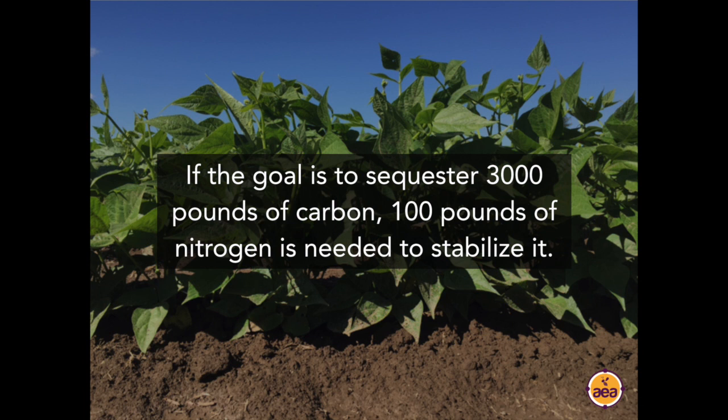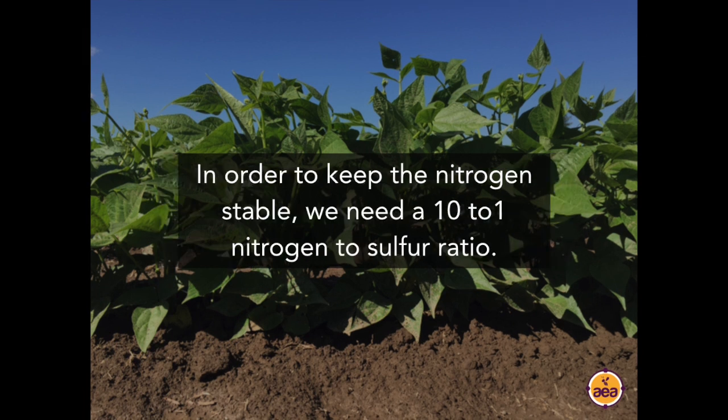Then we also understand that in order for that nitrogen to be stable, we need to include all of the amino acids that are the stop amino acids, in order to keep the proteins stable and prevent them from degrading further. These stop amino acids are the sulfur-bearing amino acids, cysteine and methionine. So in order to keep the nitrogen stable, we need to have a 10 to 1 nitrogen to sulfur ratio.